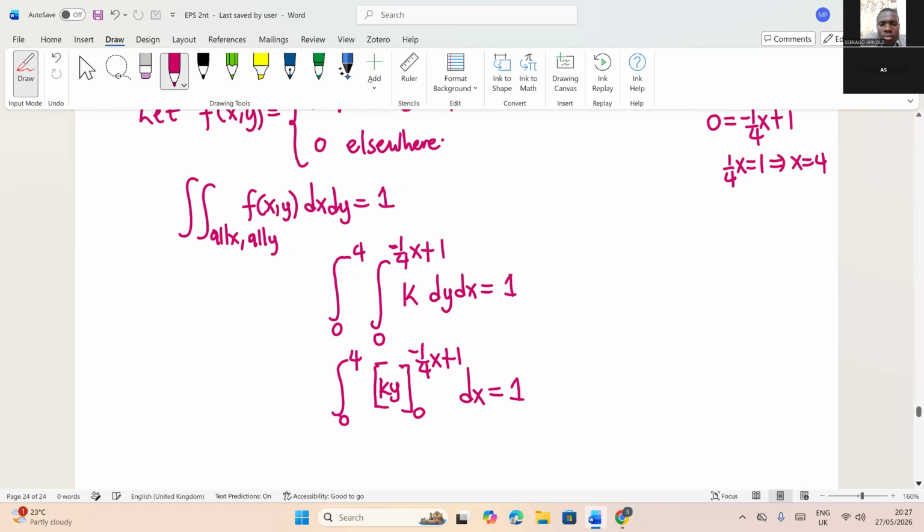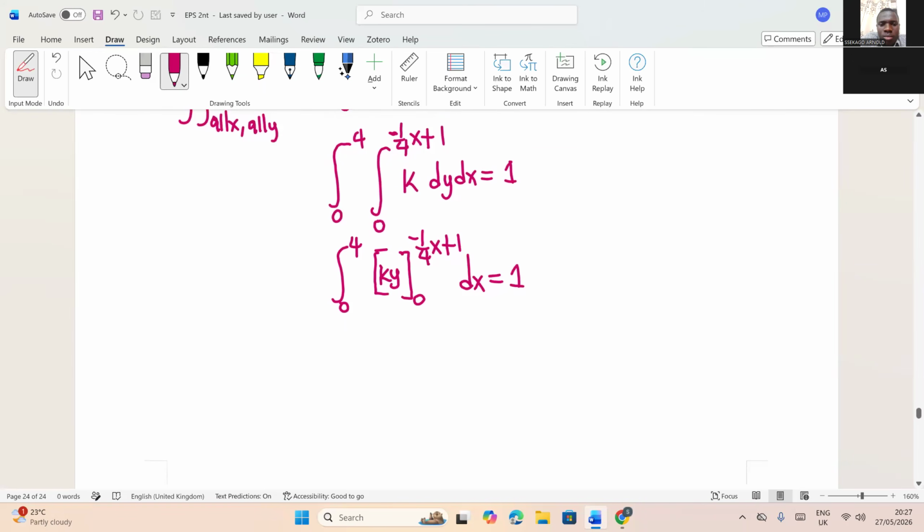Where you have y, substitute those limits. You have the integral from 0 up to 4 of k times negative a quarter x plus 1, minus 0, dx equals 1.